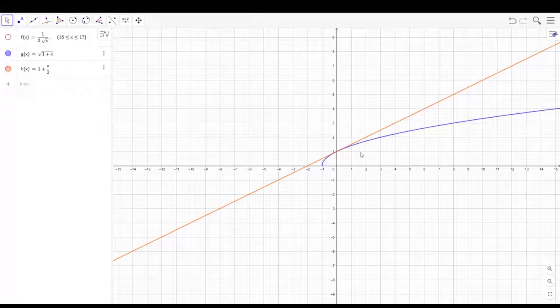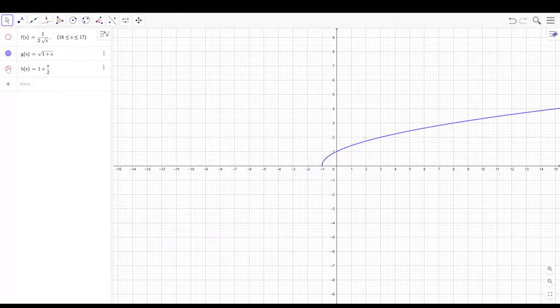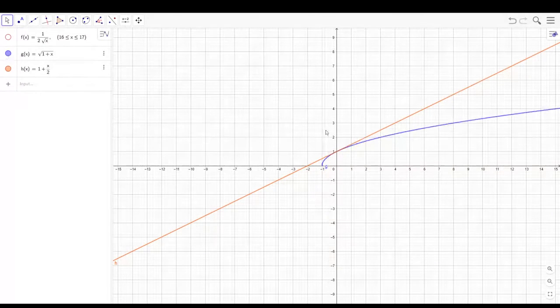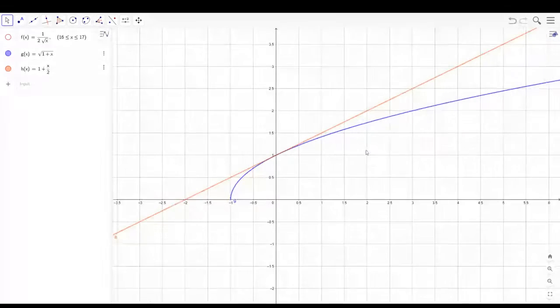And if I put those two in, you can see that for x bigger than 0, the blue curve appears to lie below the orange curve. Okay, so it kind of looks like this is true, at least from a picture. All right, we can zoom in there.